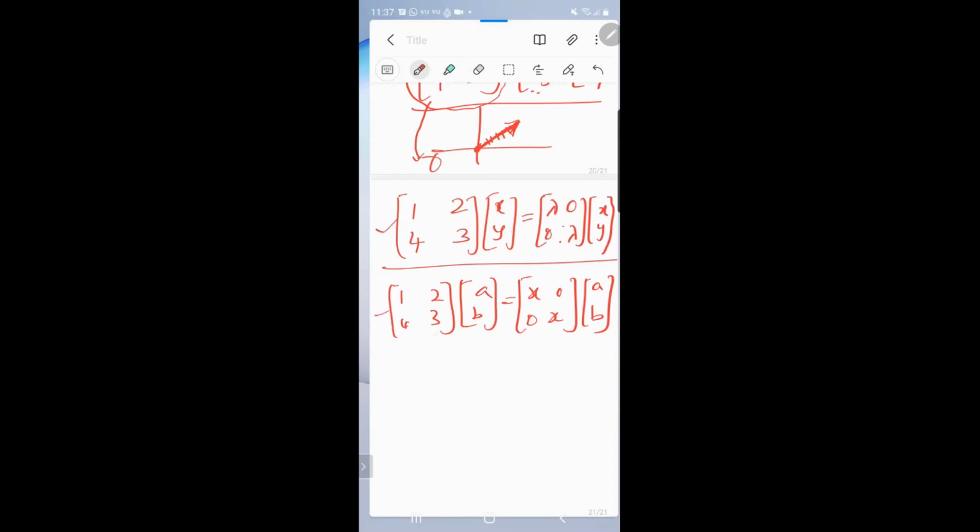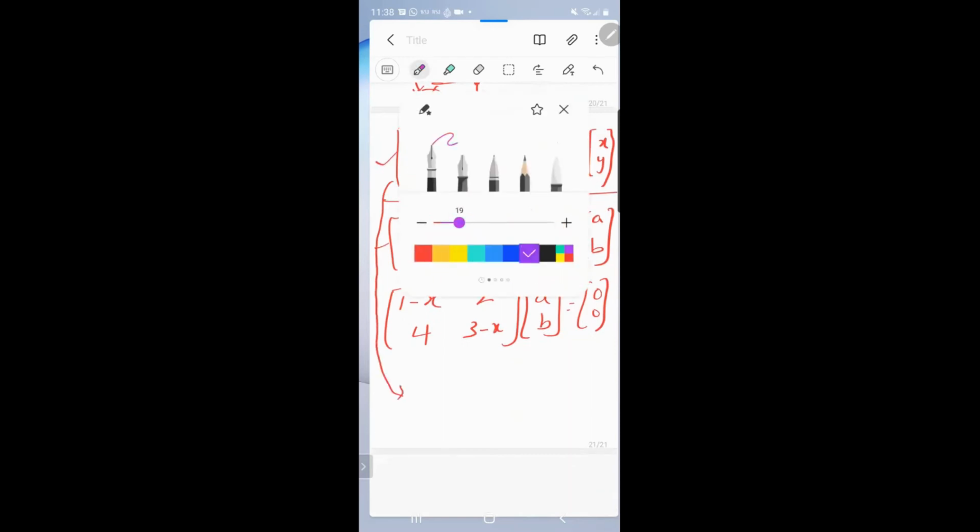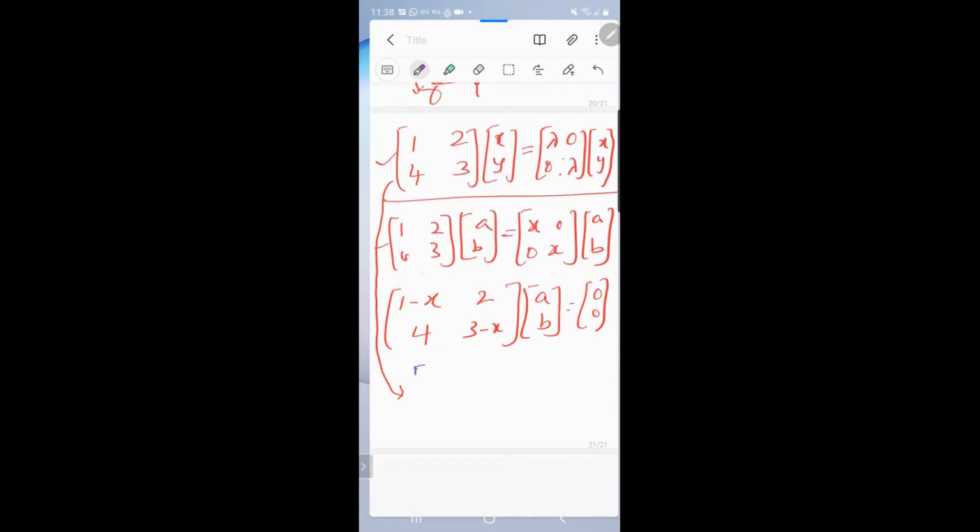If I continue with this one, I get 1 minus x, 2, 4, 3 minus x times AB equal to 0, 0. If I continue with the first one, from here, I get 1 minus lambda, 2, 4, 3 minus lambda times xy equal to 0, 0.